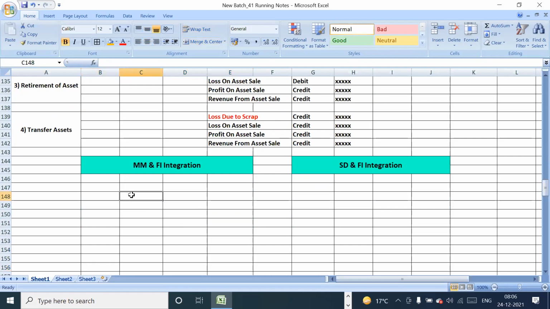And always remember for any module, it can be FI, controlling, SD, or HR, the simple funda is that first we have to create the ledger account. In our finance module, what ledger accounts are we going to create?